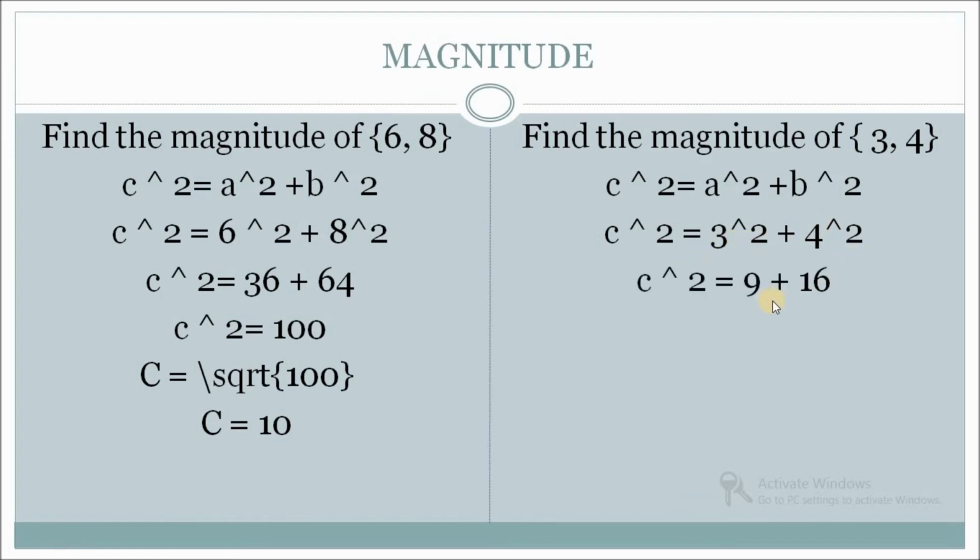It was 9 plus 16. c squared equals 9 plus 16. When we add them, we get 25. So here we have to do the same root thing. The square root comes here. So c equals the square root of 25. c equals 5.